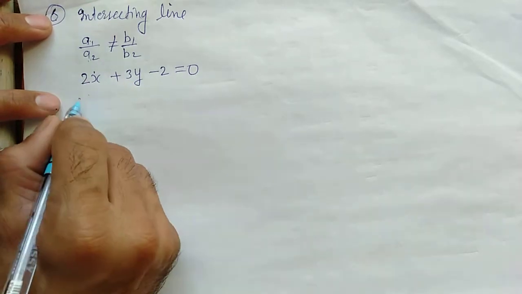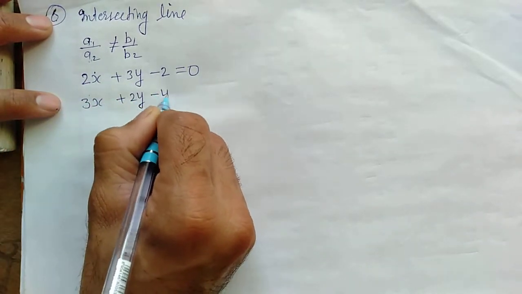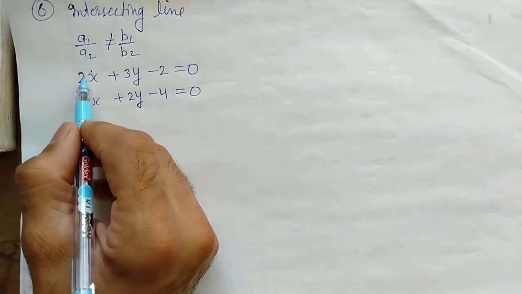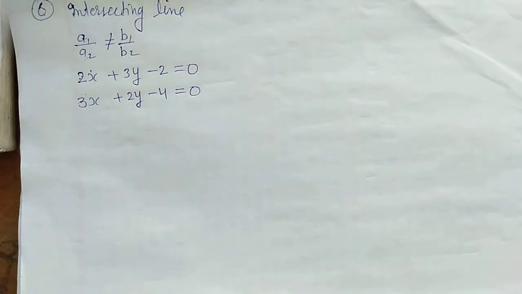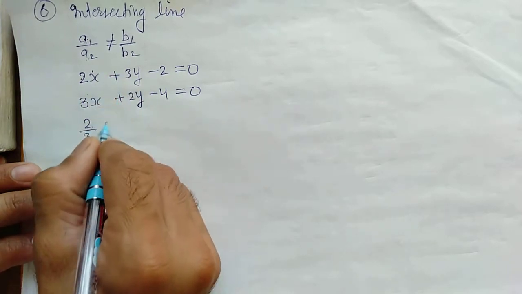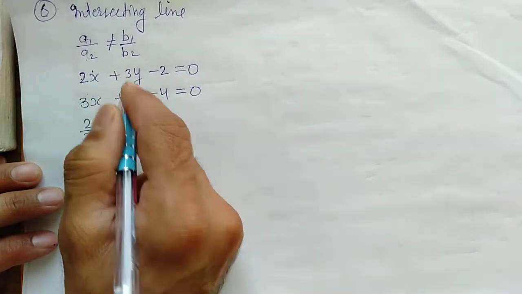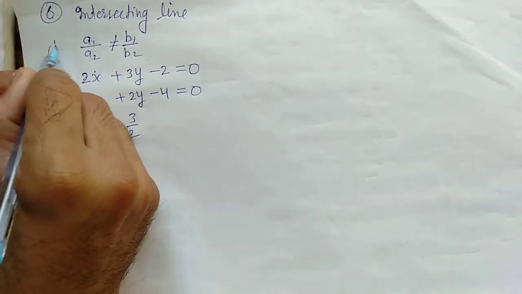So just take the opposite. Here I am taking 3x plus 2y minus 4 is equal to 0. Now see, when we find the ratio a1 upon a2, 2 upon 3 is not equal to 3 upon 2. It means the lines are intersecting. This is the example of intersecting line. Okay, this is the first example.